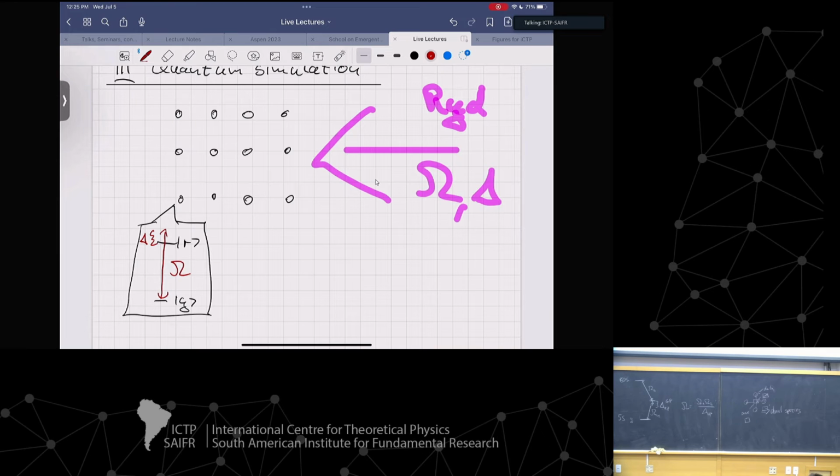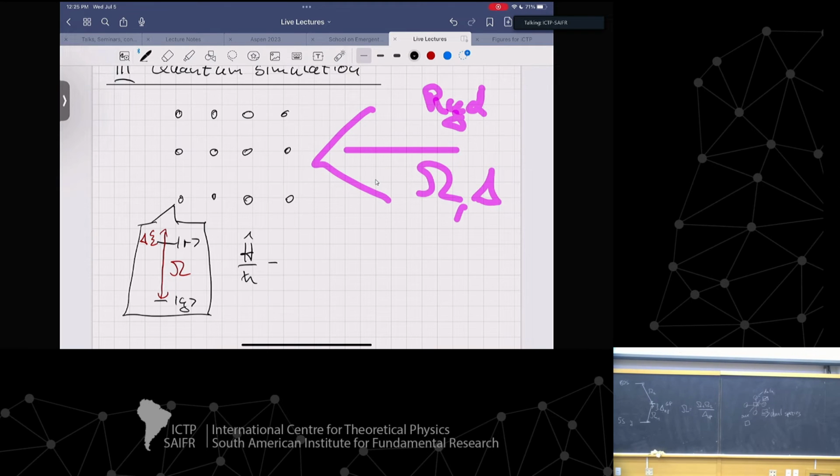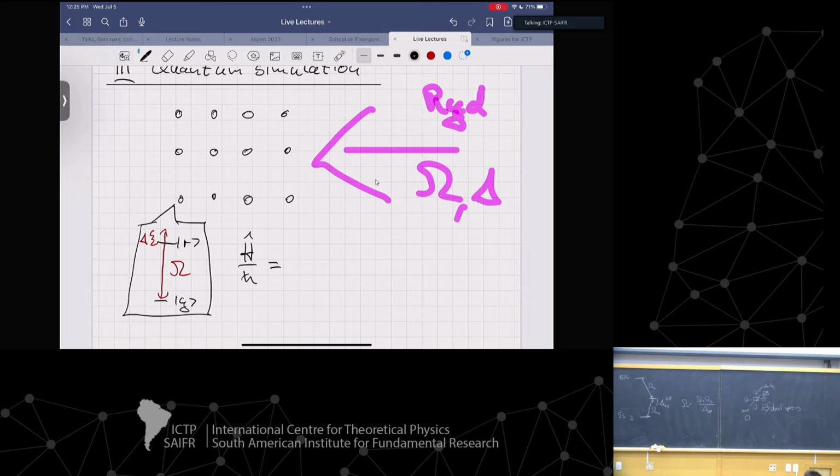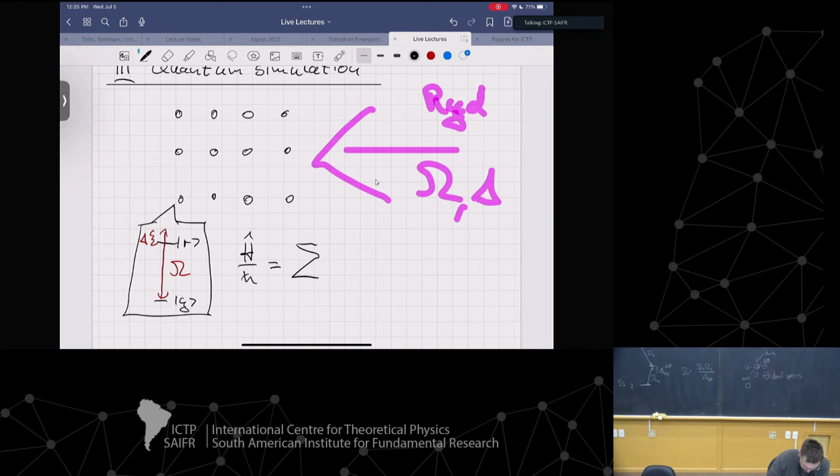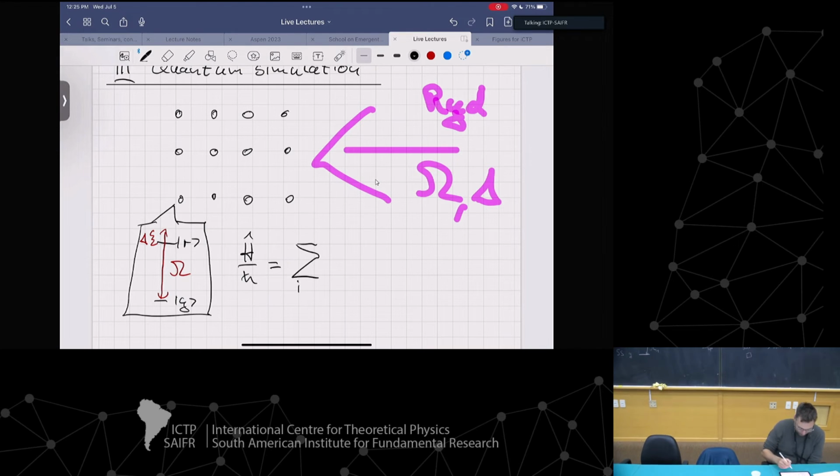And I can write down the Hamiltonian for this. Let me normalize it by h bar. So the Hamiltonian is, I have several atoms, and I'm driving each atom from the ground to the Rydberg state.